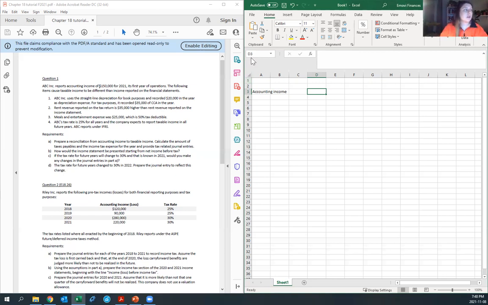If there's a gain or loss, you need to adjust for it before doing your permanent differences. So say I had a gain too, I would have had my gain here, and then I would have had my accounting income. So for this question, the accounting income is $150,000.